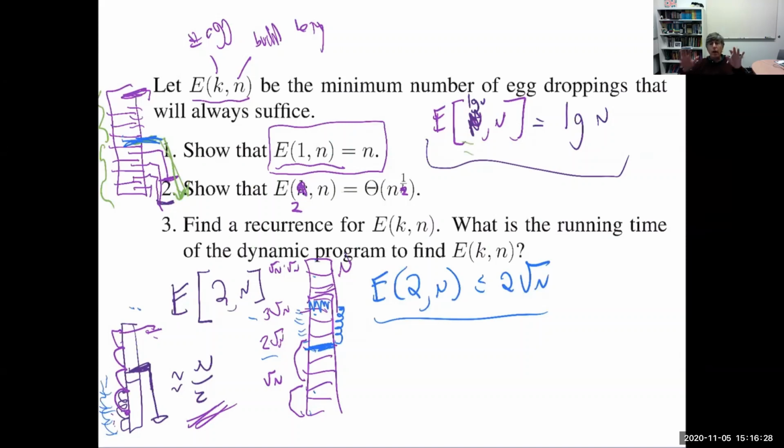In fact, you want to balance when you do one of these two-phase things. One of the big principles of divide and conquer is you try to balance the work between the two phases. And that's what I did. Does everybody see that if I give you 2 eggs, you can do this in 2 square root n? Or is that confusing?